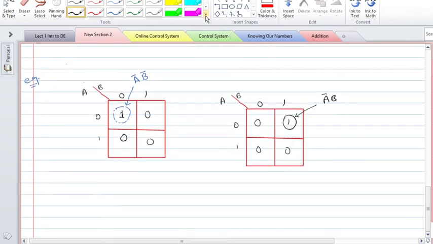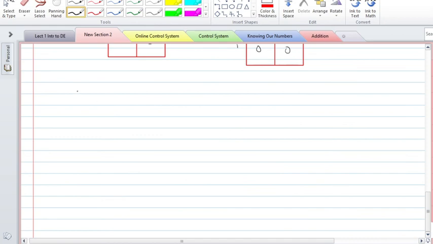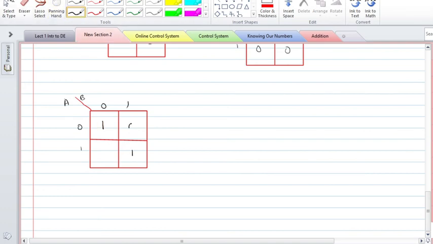Okay, now let's have another example. Suppose the function given is like this, and it consists of 1 at only these two positions. So the largest possible grouping of cells is individual ones.